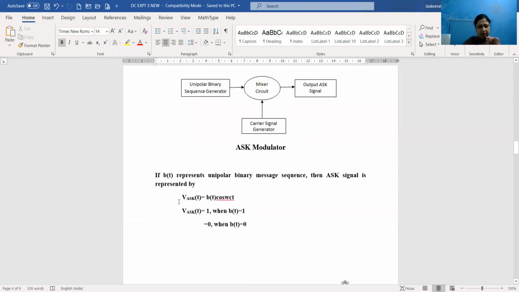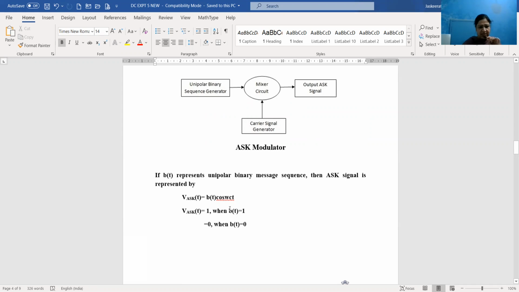Now, the ASK modulated signal is represented by V_ASK(t), which is given by b(t) into cos(omega_c t), where omega_c is the frequency of the carrier signal and b(t) is the unipolar message signal.